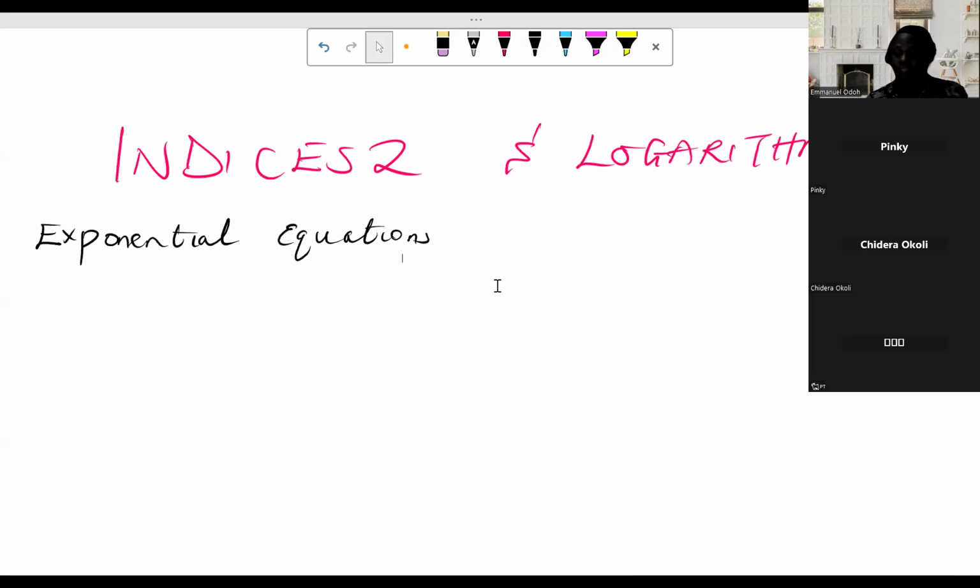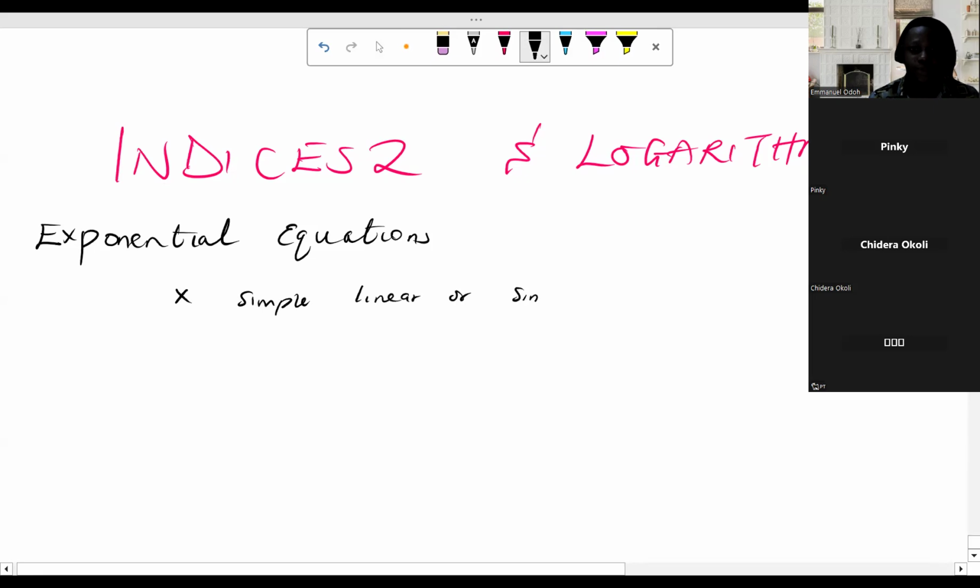Some of these equations may be simple linear equations.